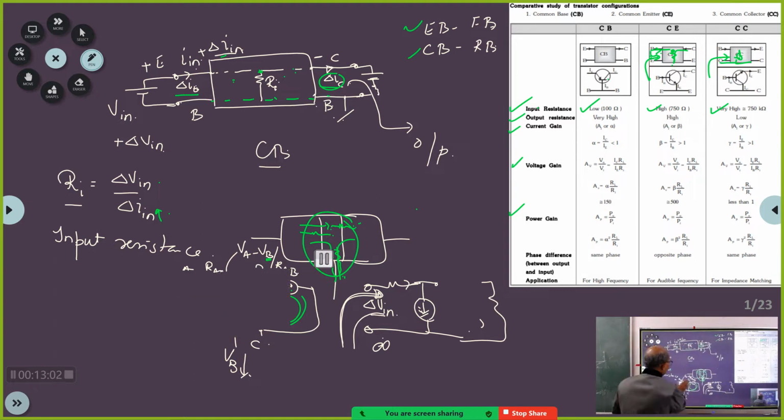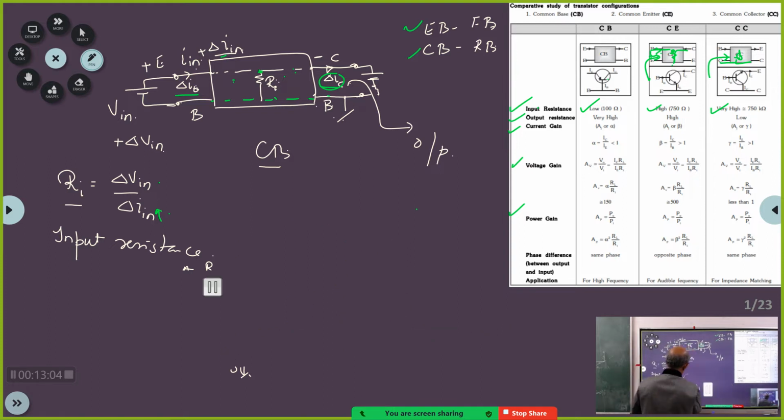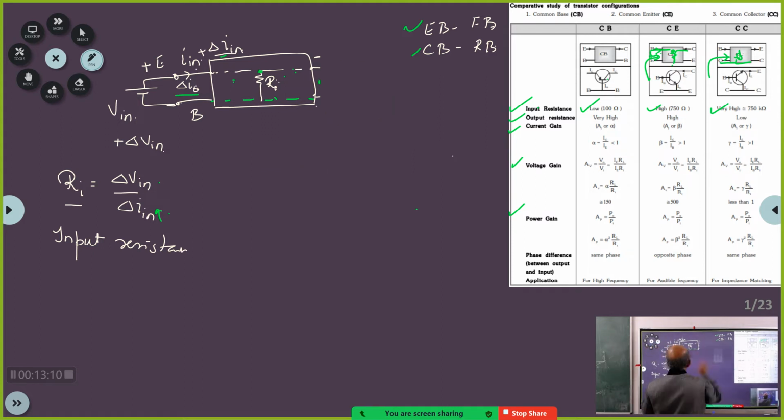Okay. Now what is this output impedance? That is, now in the same configuration. Now what do I do here? Assume, I'm telling you to just assume. You are not supposed to connect any voltage source at the output. Output means you are going to abstract.